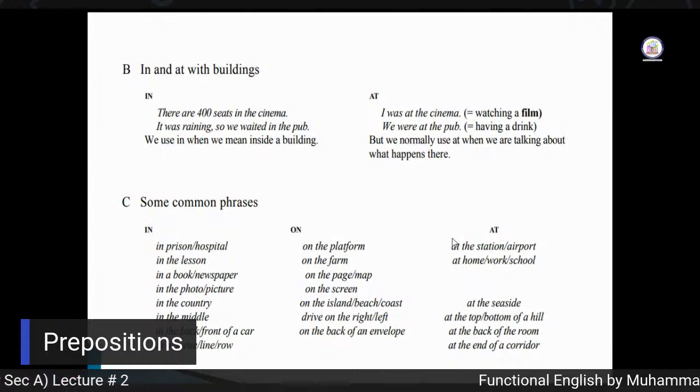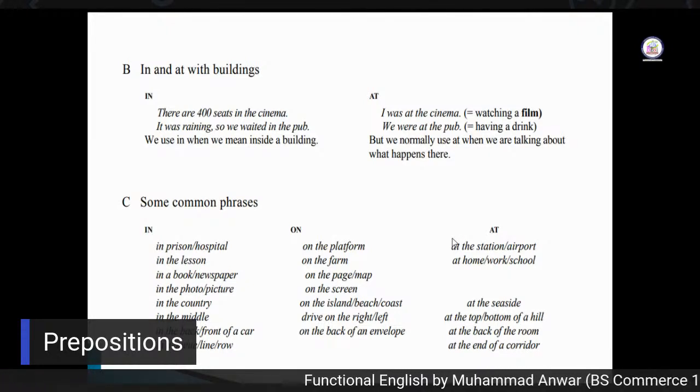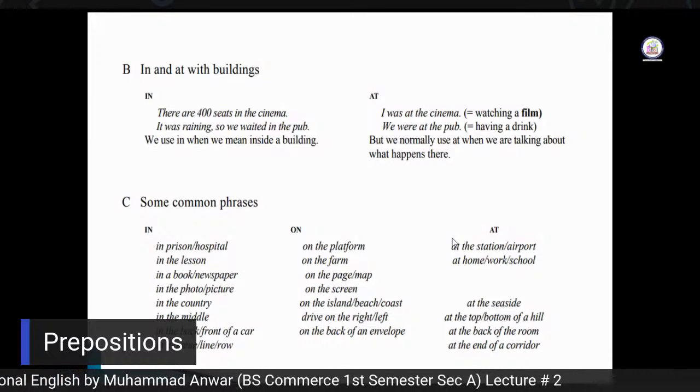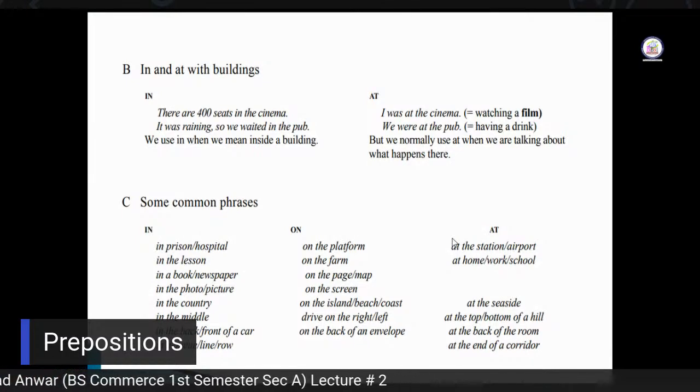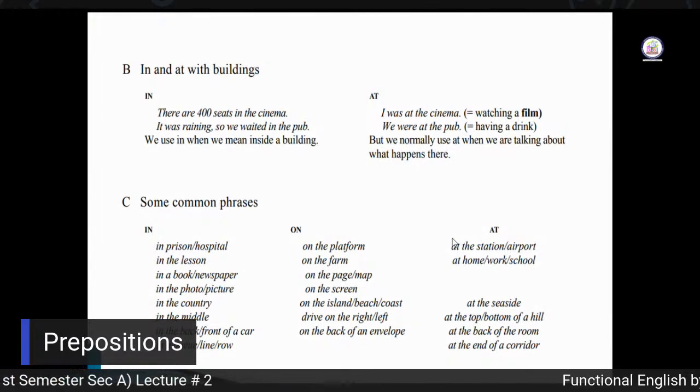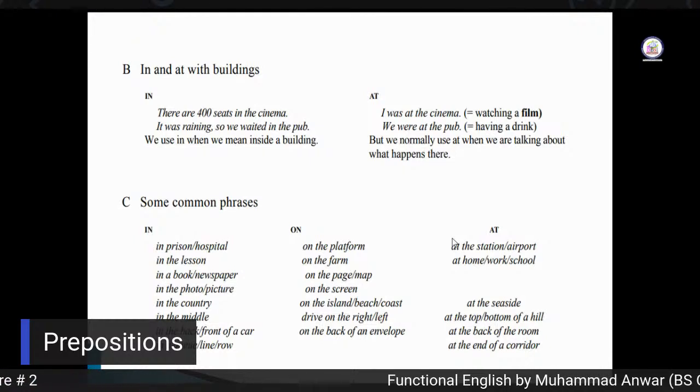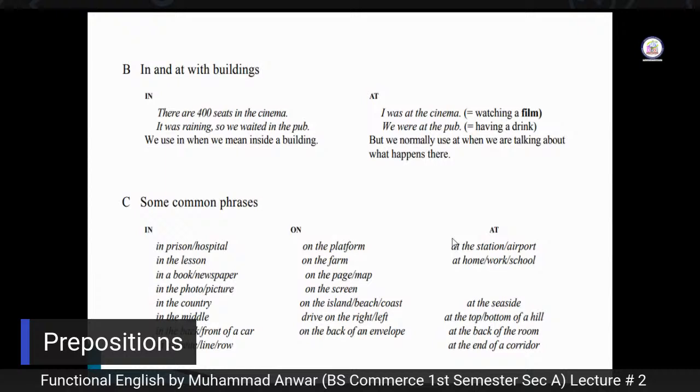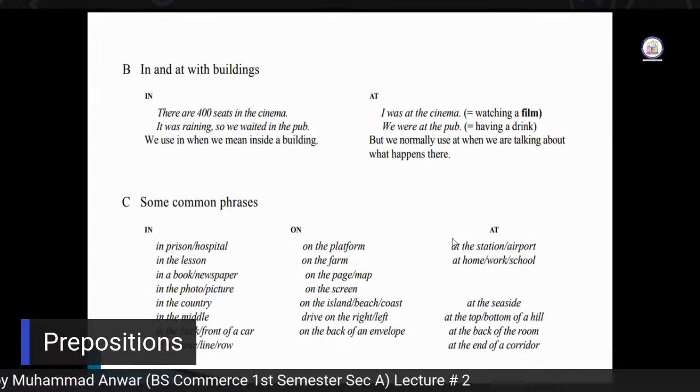I work at ABC School. I work at ABC University. So it's very important. But we normally use at when we are talking about what happens there. जब हम लोग वहाँ पे बात करते हैं कि वहाँ पर क्या हुआ था या क्या एक्टिविटी, हम at का इस्तेमाल करते हैं, लेकिन सिर्फ अपनी प्रेजेंस की जब बात करेंगे तो हम इस्तेमाल करेंगे in.